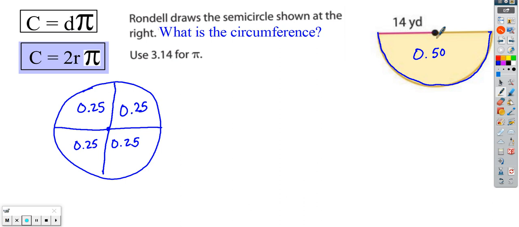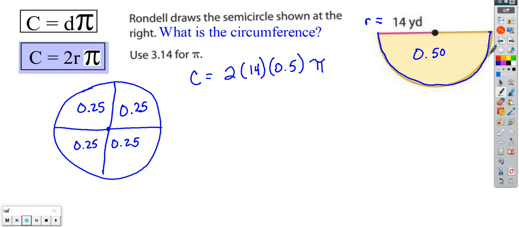Now I look here and they've given me the radius, so I'm going to use this formula right here. My circumference is going to be 2 times my radius, that's 14. But I have to cut this in half because I'm only given half a circle, times pi. So that's where this part comes in.